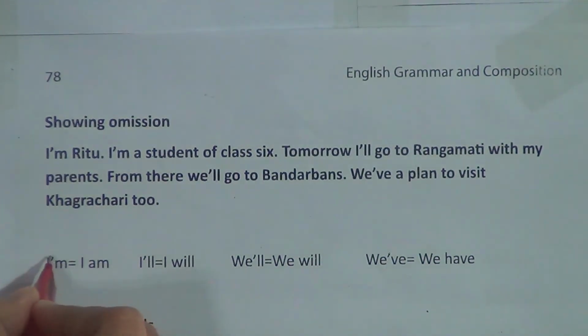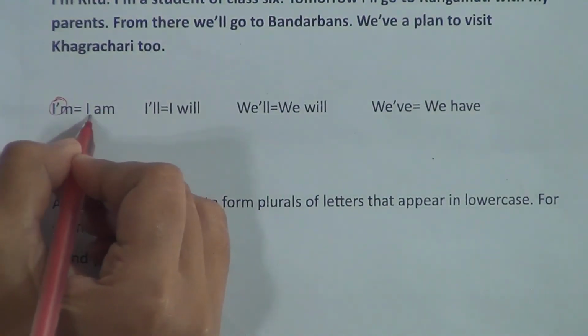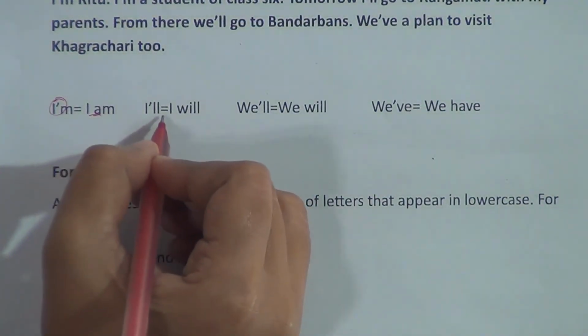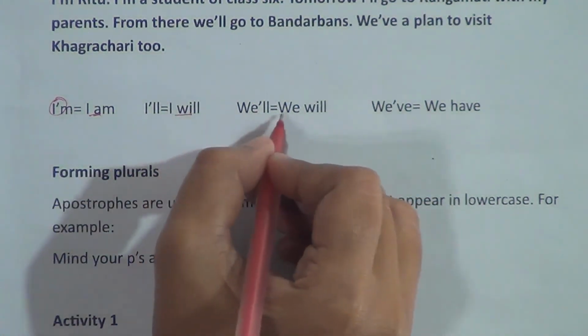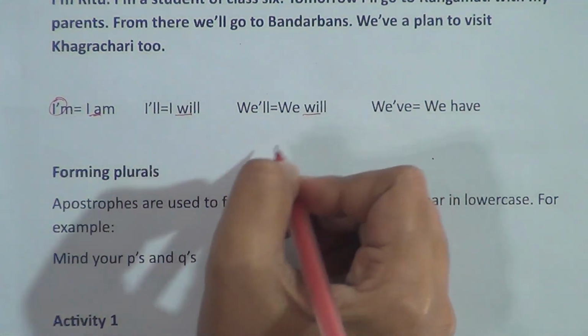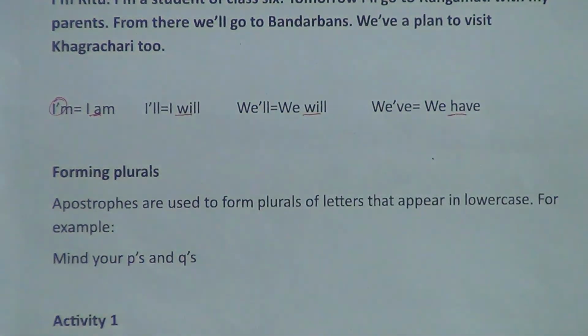Now look, I'm means I am, so we omit a. Now look, we omit W and I. So just like this, we omit here W and I, and we omit here H and A. So if you want to omit letters, we will use apostrophe.